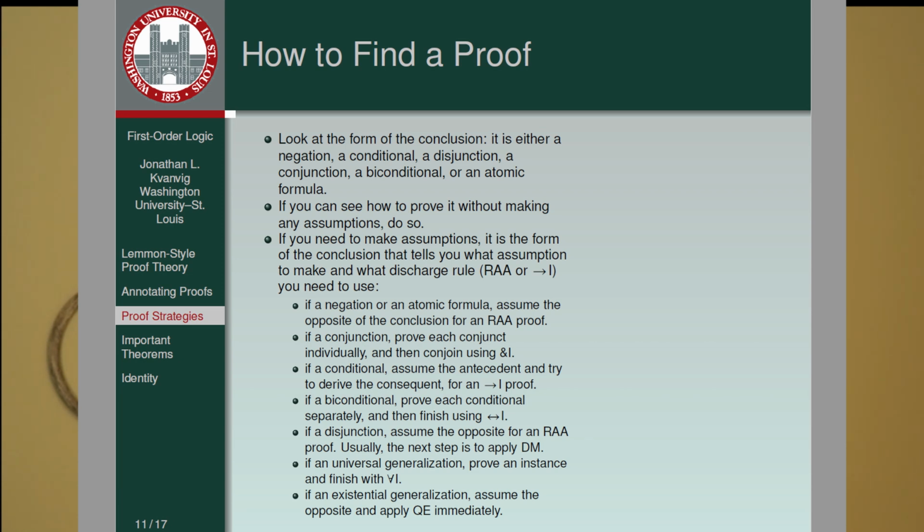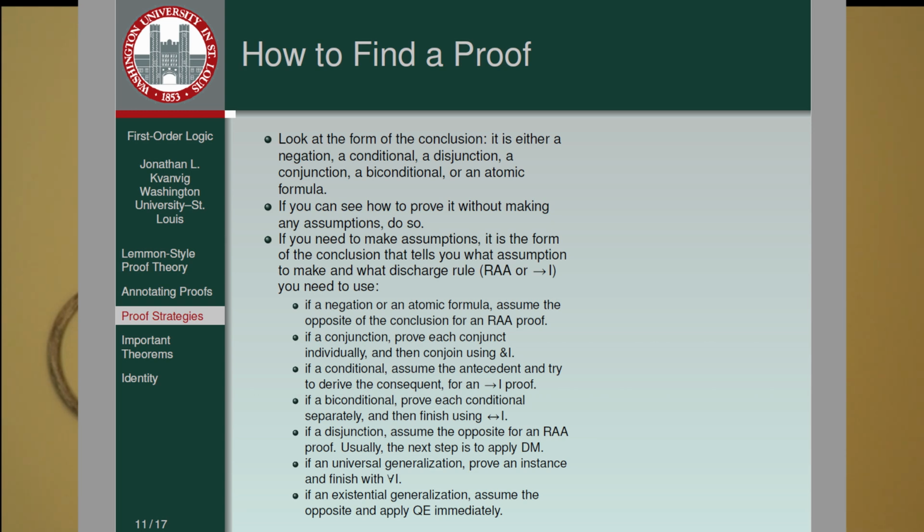So De Morgan's rule tells you if you have the negation of a disjunction, you can conclude that the first disjunct is false and the second one is false, not P and not Q. Similarly, if you have the negation of a conjunction, that tells you that one of the two is false. So if you have the negation of P and Q, you end up with not P or not Q.